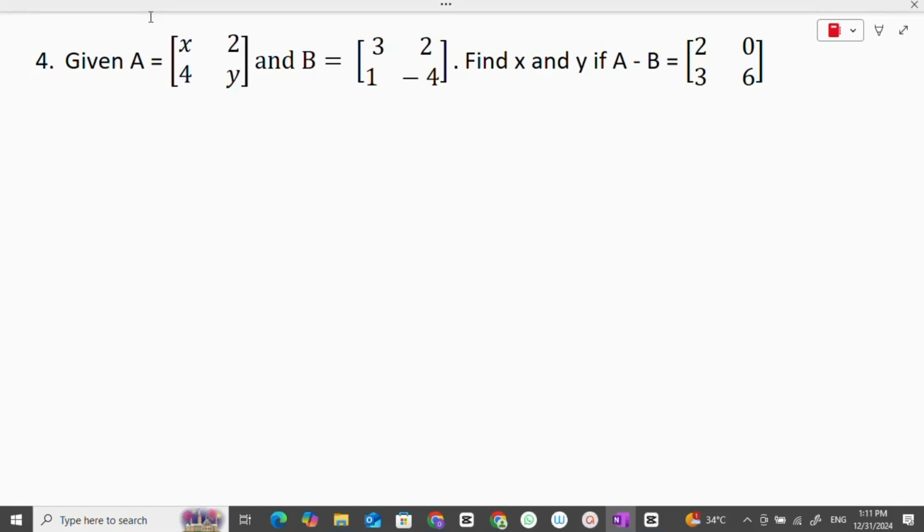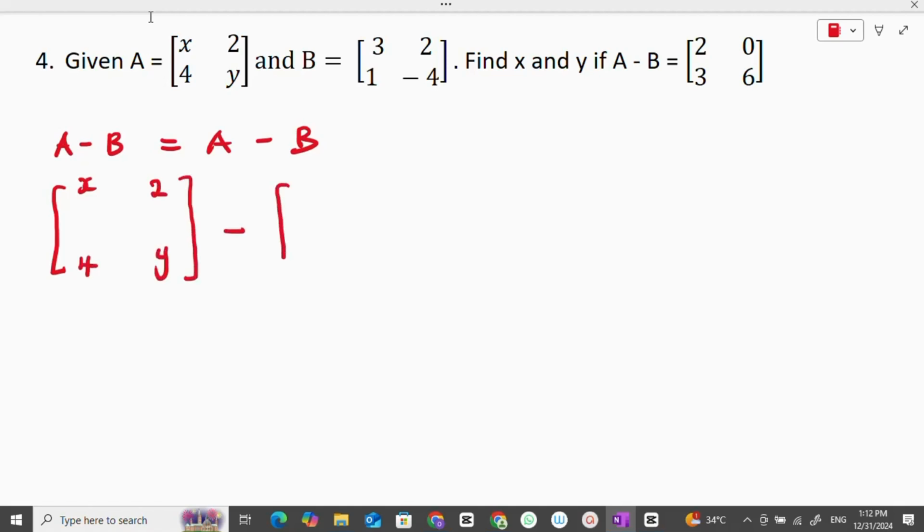So the matrix of A minus B is equal to the matrix of A minus B. Here A is given to us as x, 2, 4, and y, minus B, which is 3, 2, 1, and minus 4, and the answer for A minus B is 2, 0, 3, 6.